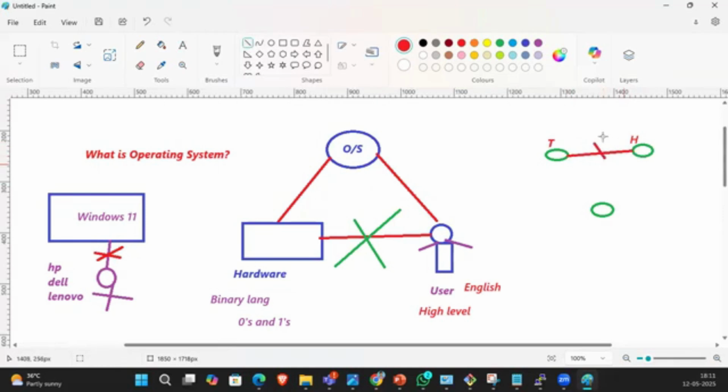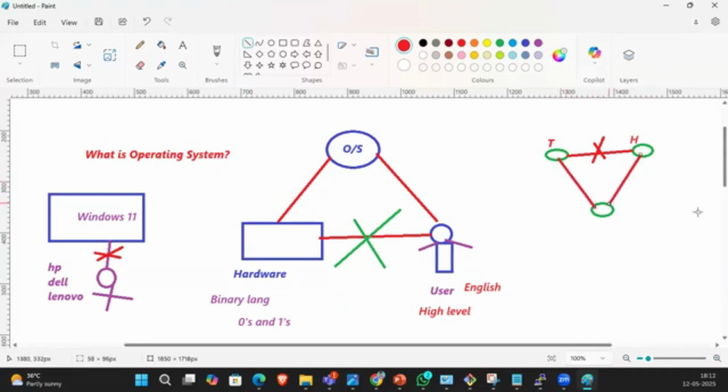Kavita wants to convey a message to Ashwin, and Ashwin wants to convey a message to Kavita. But Ashwin knows only Hindi and Kavita knows only Telugu. So what do we need? We need a mediator.